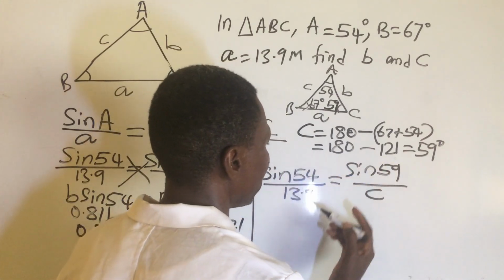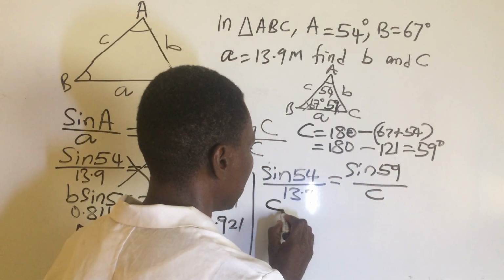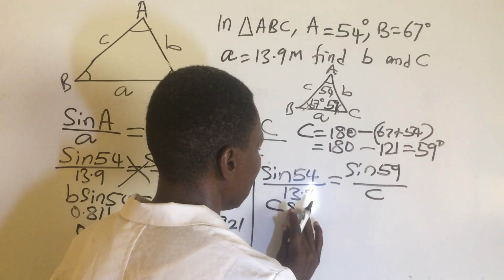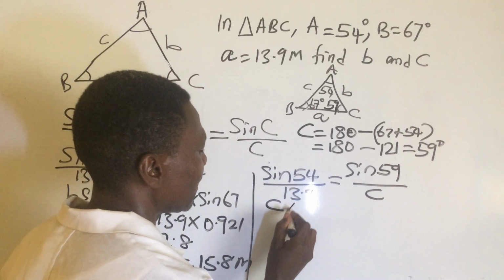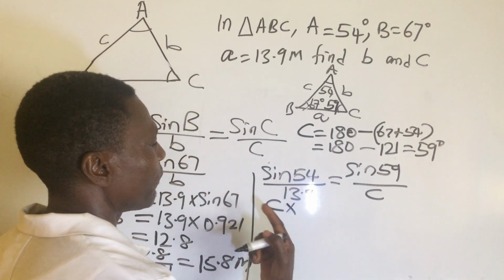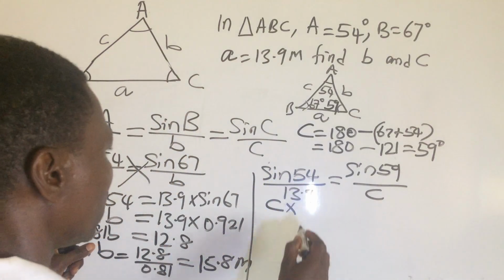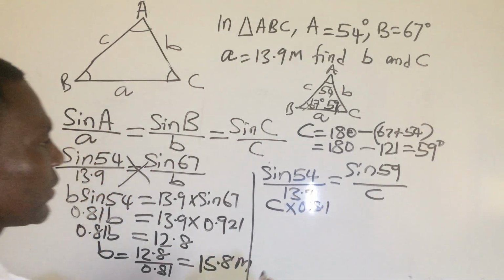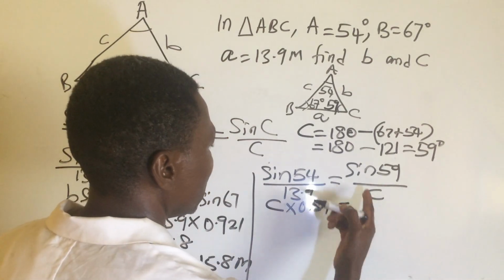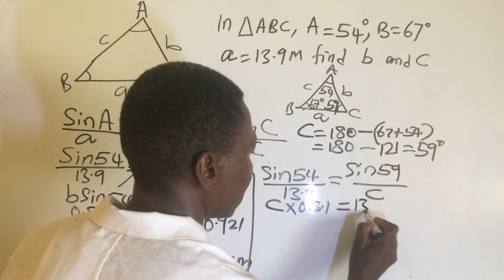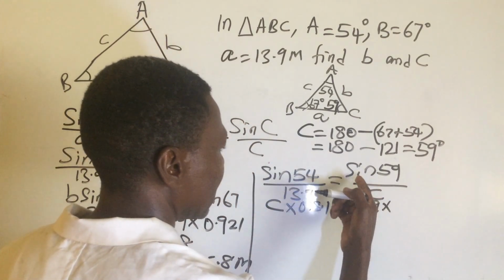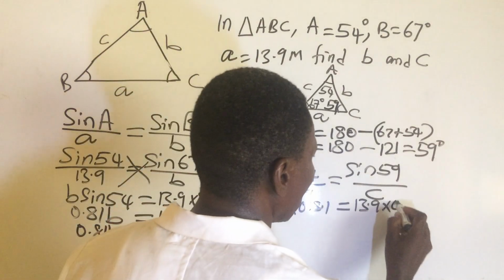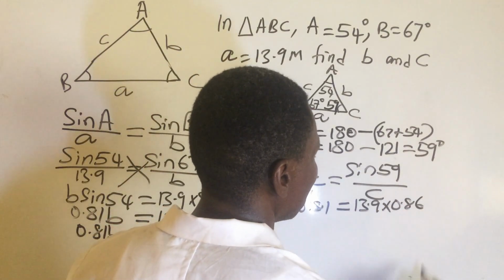We still do cross multiplication. c times sine 54, which is 0.81, the same thing we got here, equals 13.9 times sine 59. Sine 59 is what? Check your calculator. 0.86.